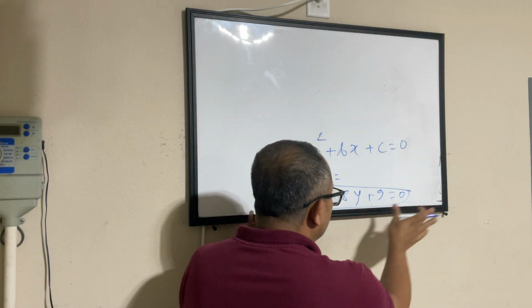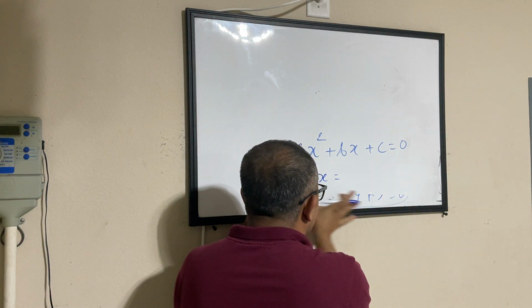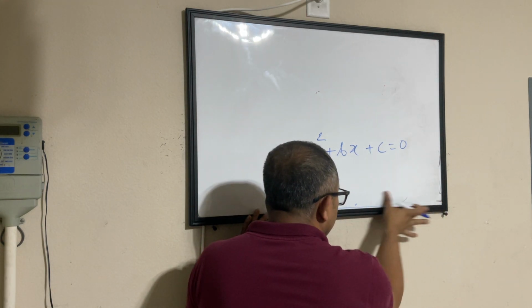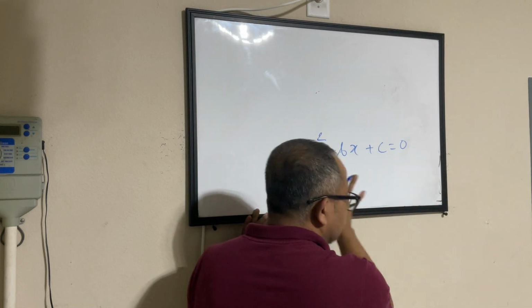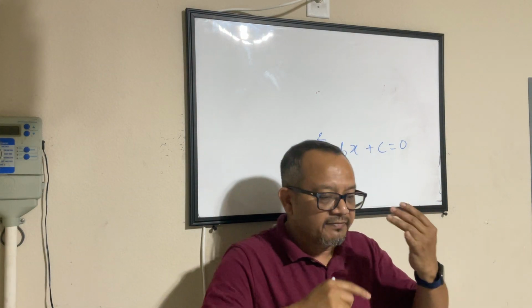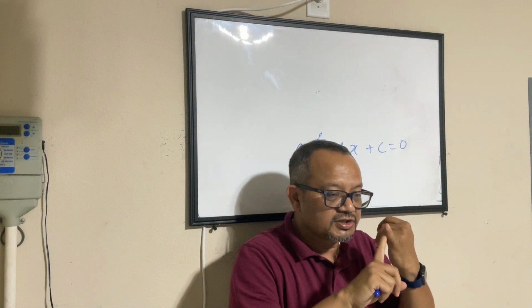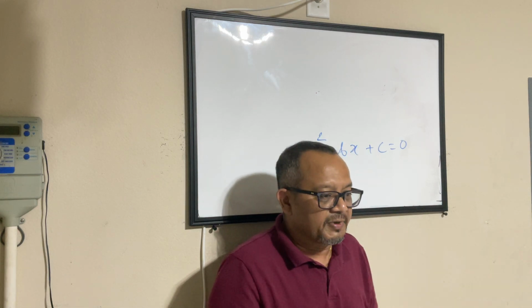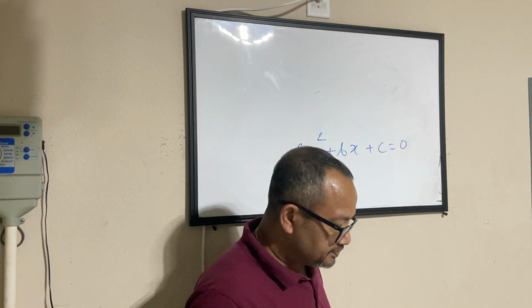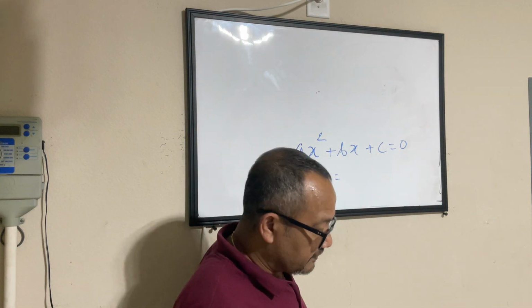And you can get up to 2 solutions for this. That's a basic understanding we all have to have when it comes to quadratic equations. So you can have up to 2 solutions, you can have 1 solution, you can have no solution also, depending on what kind of quadratic equation you're dealing with. So this is the standard form.